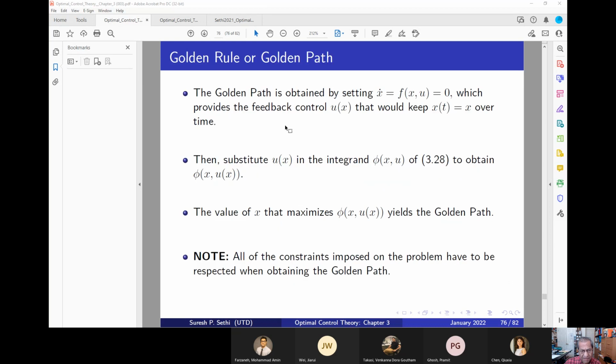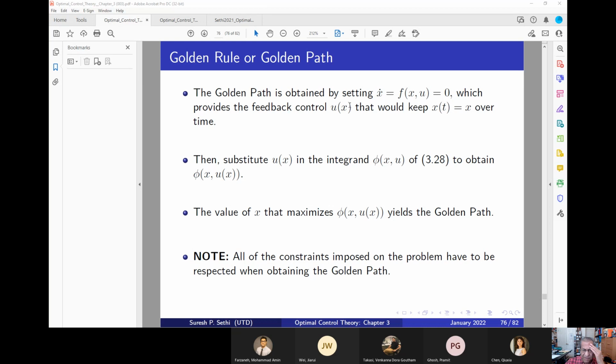This is an interesting concept, and after this, I will take a break. So, golden path. In economics, you will see a concept of golden path. And the golden path concept says the following. It says that I will set x dot equal to 0.